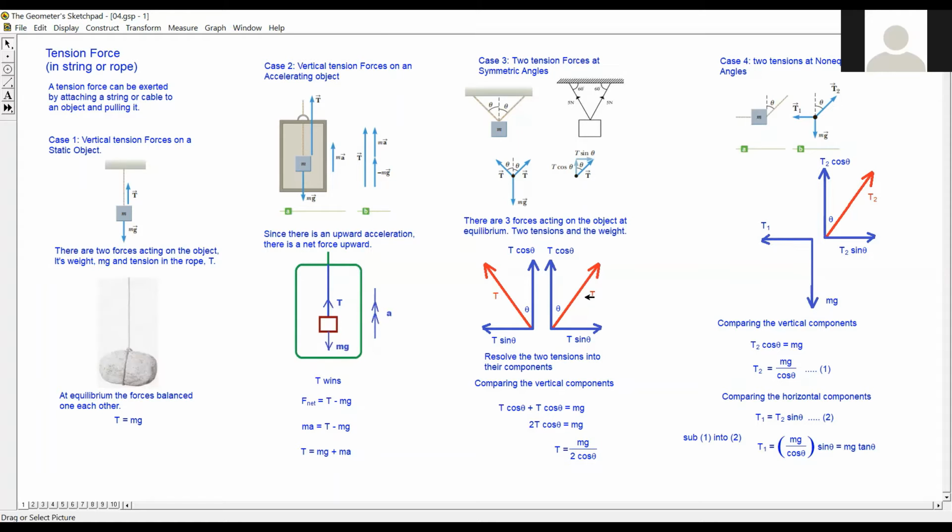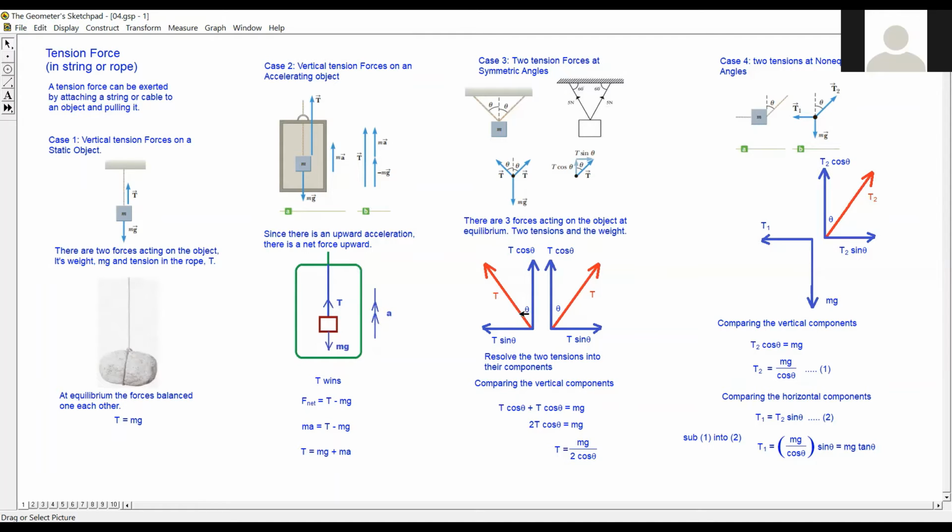Okay, so the 2 tensions are shown by the 2 red arrows here, one towards the right hand side and the other one towards the left, but a bit upwards. So we are going to replace the red arrows with the blue arrows.